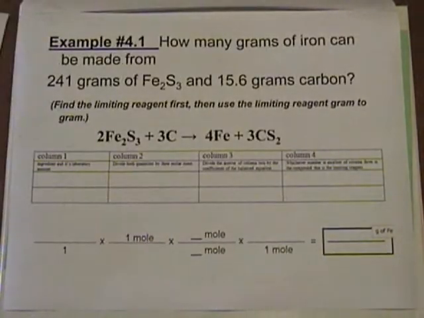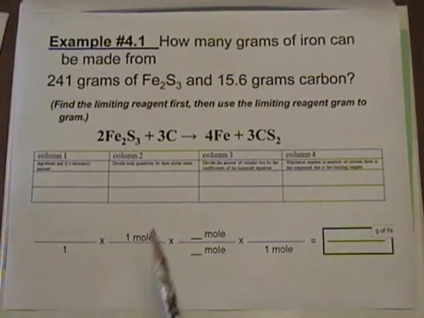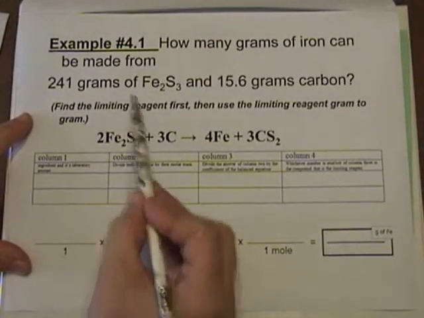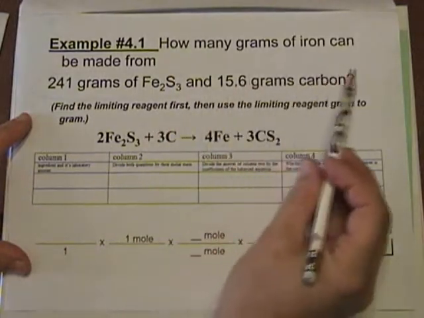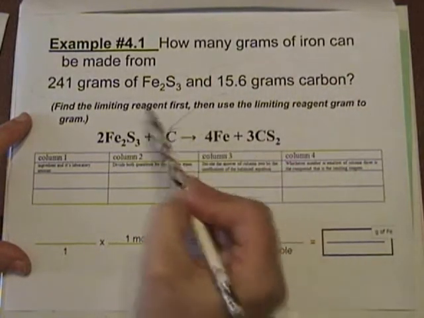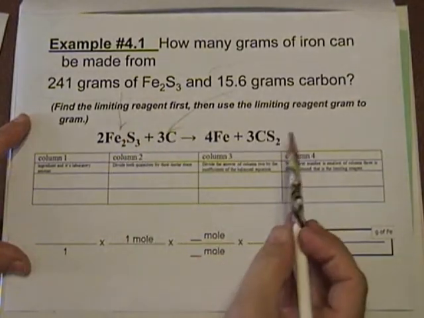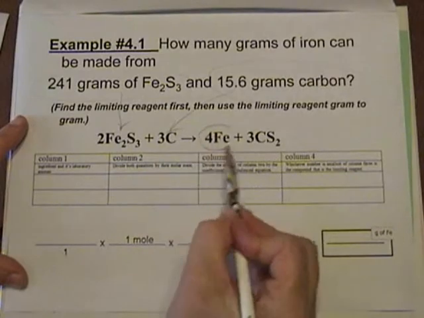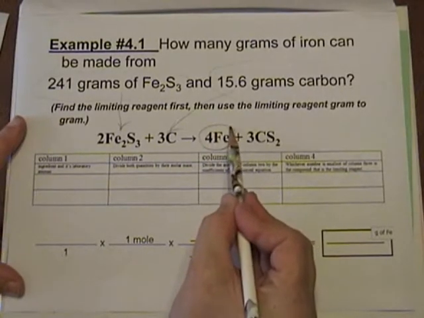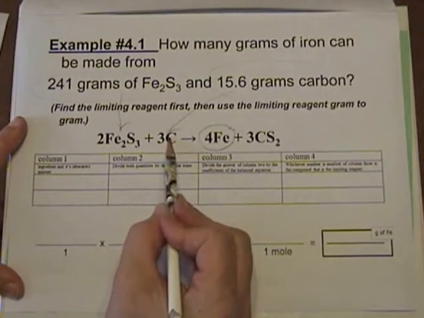So the first thing we do is find that this was present and this was present as our reactants. They're wondering how many grams of iron. So this is what they're concerned about. How much can they really make if one of these is limiting?